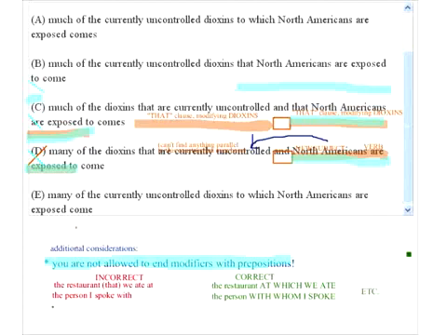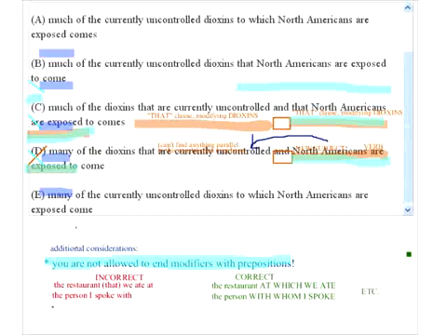All right, and then A and E, this is also a tangent, so I don't want to spend too much time on it. But to distinguish between A and E, you go to this one, much versus many. Dioxins are countable, 1 dioxin, 2 dioxins, 3 dioxins, 10,000 dioxins. So you have to use many.